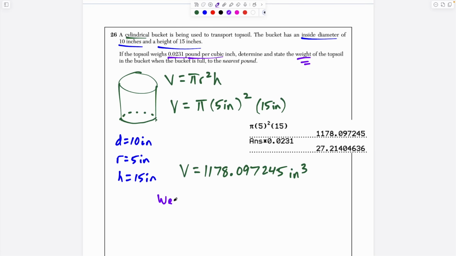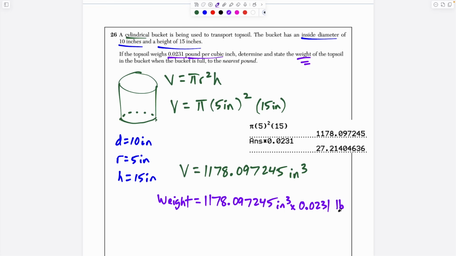So I'll say the weight equals, and we're doing 1,178.097245 cubic inches, and we're multiplying this by 0.0231, and then the units are pounds, which you could write as lb like this.